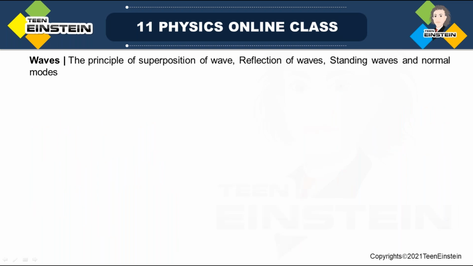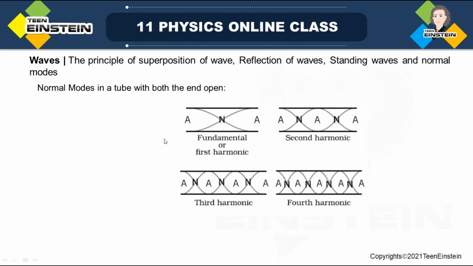But in case of the open pipe, both sides are antinodes, at x is equal to 0 and at x is equal to L. So you can get all the harmonics in this case, and if you write the condition for frequency, you'll get n v by 2L. This is the condition for the normal modes.